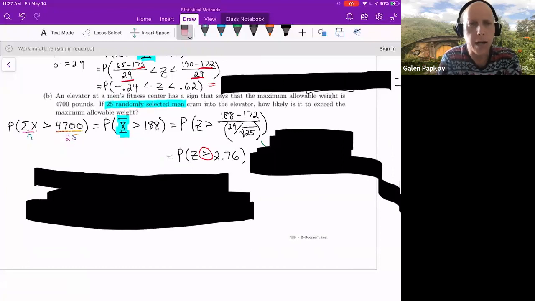So you've got 188 minus 172 divided by sigma over root n. So it's 29 divided by the square root of 25. And that will give you 2.76 if you plug in appropriately into your calculator.